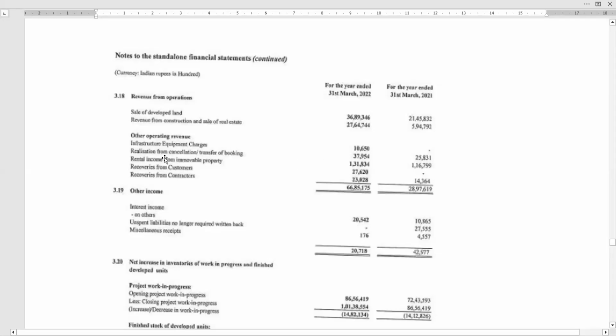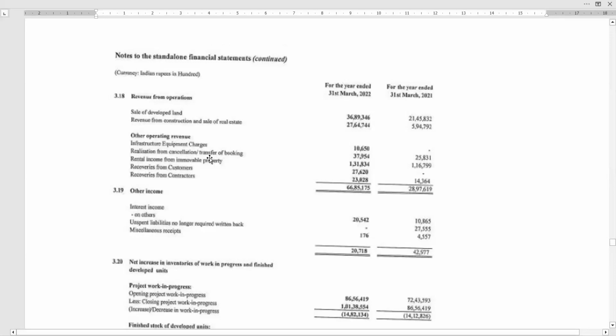Now coming to other operating revenue, infrastructure equipment charges. If you have seen any infrastructure company, they will be collecting some infra charges, some lump sum amount. Even if you have bought any house, you will know that they will charge some 1 lakh, 1 lakh 50, 2 lakhs per flat. They are taking it as income.